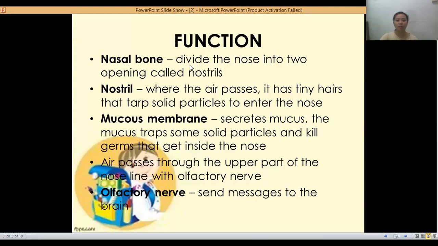So, the nasal bone divides the nose into two. This is the nasal bone, and it divides into two openings, the holes, the openings. And they're called nostrils.